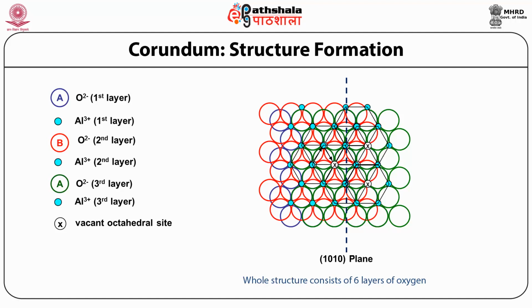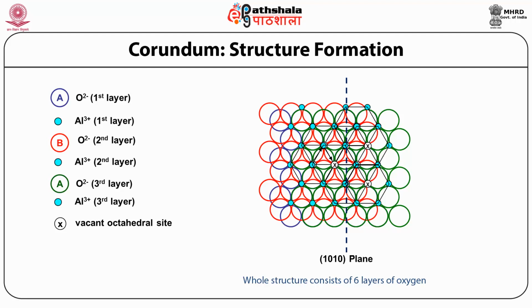Now comes the second layer. The second layer also consists of O2 minus and Al3 plus, which overlaps and fills the voids over the first layer. So B colored, that is red colored with B written, corresponds to O2 minus, and blue filled small atoms correspond to Al3 plus, representing the second layer.